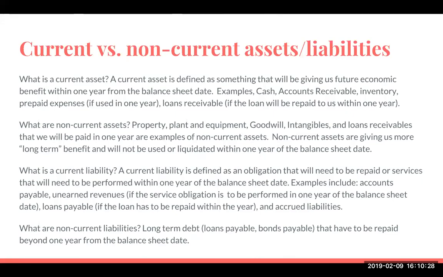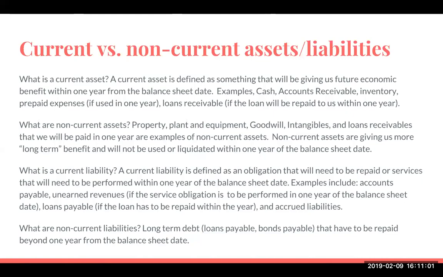Other ones could include marketable equity securities, if I could liquidate them within a year. That's as opposed to non-current assets. What are non-current assets? Those are assets that are giving us value over a longer period of time. Equipment, goodwill, intangibles, loans receivable that are due beyond a year. I will talk about goodwill and intangibles in a later video. And in fact, I think that later video is out there already. So if you want to jump ahead and check it out, you're more than welcome to do so.